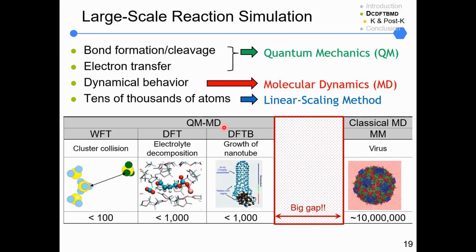But if you compare QMMD and classical MD, you can see there is a very big gap in size between 1,000 and 10 million atoms. To fill the gap was our motivation to develop the program.